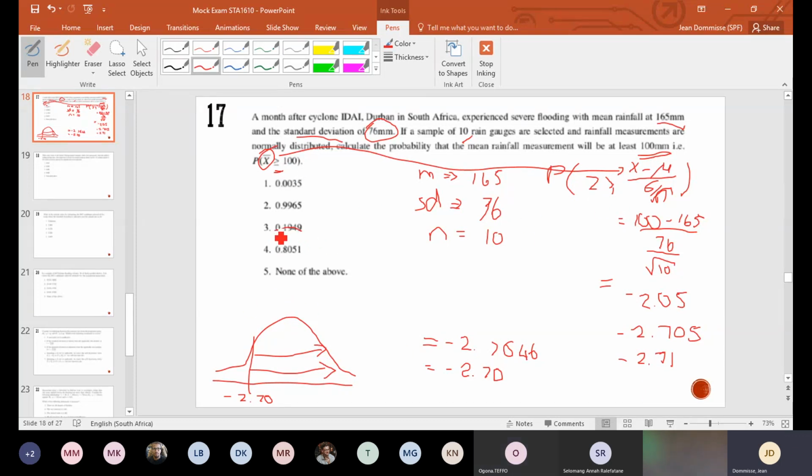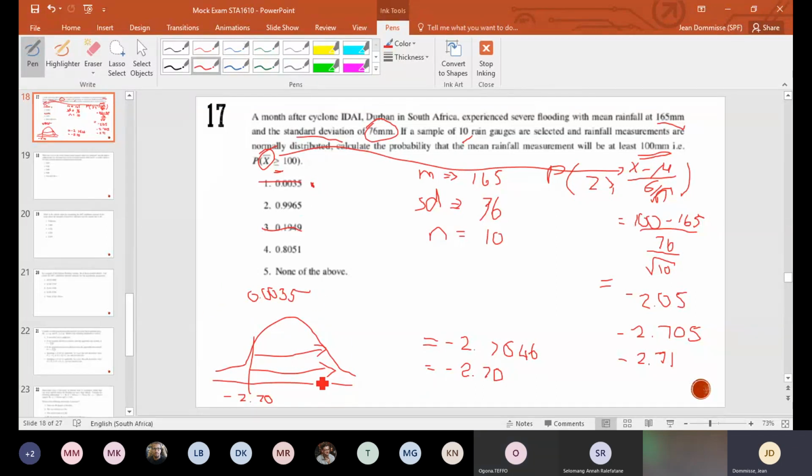So it can't be that one, can't be that one. So I would go to my table. I would look at minus 2.7. I got 0.0035, which was actually that one.